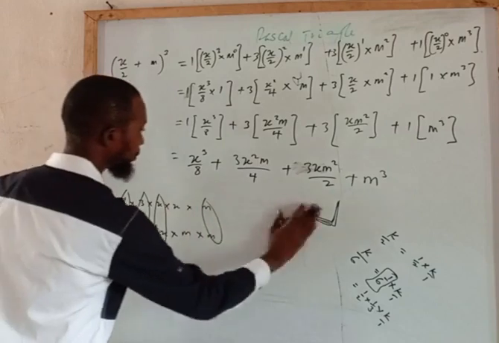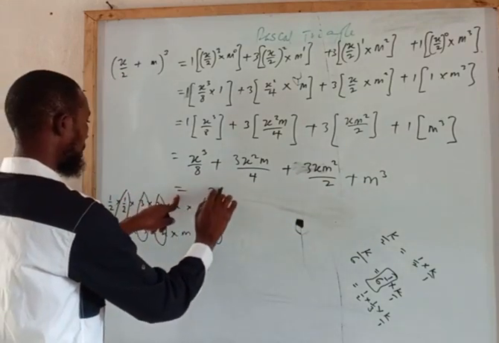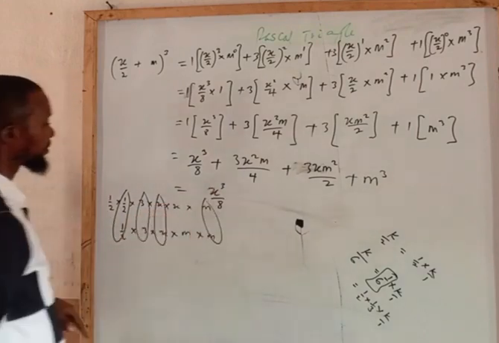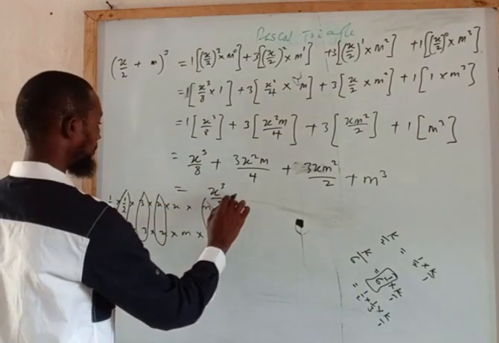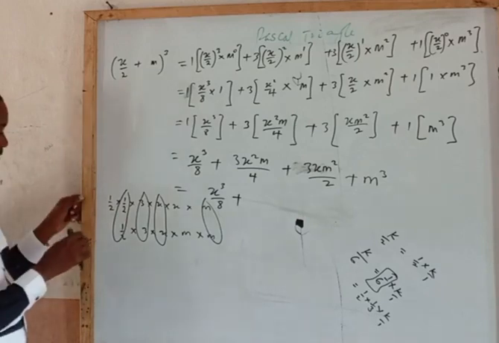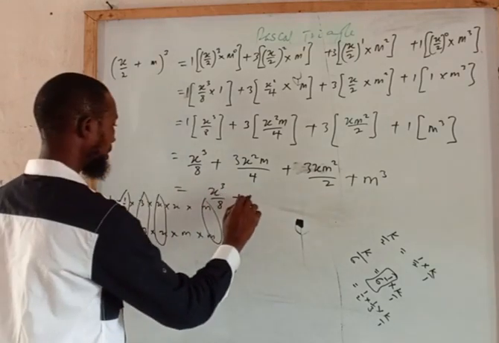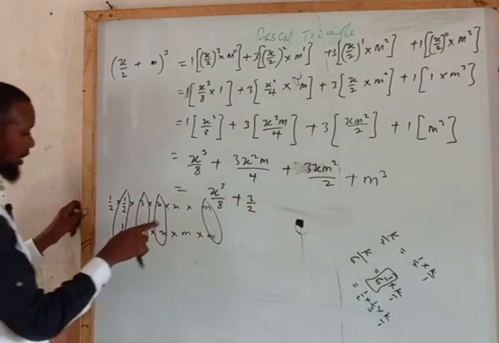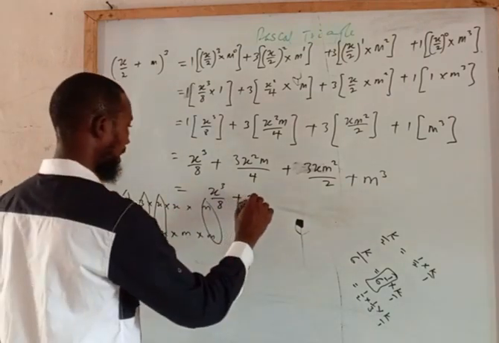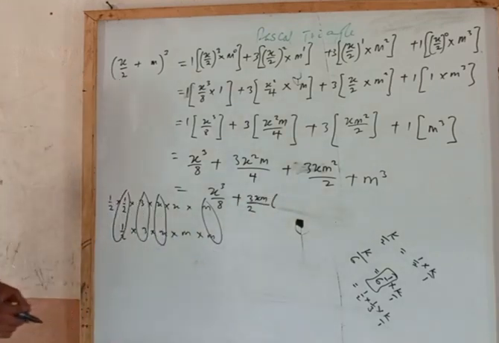So we can progress by saying what we are doing here is equal to x raised to the power 3 over 8 plus, all right, so what is common now? What we have as common is 1 over 2 times 3, that is 3 over 2, then xm. So 3xm over 2 into, what do we have left?